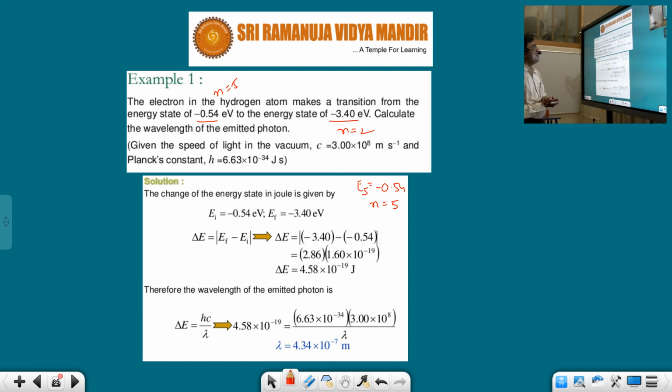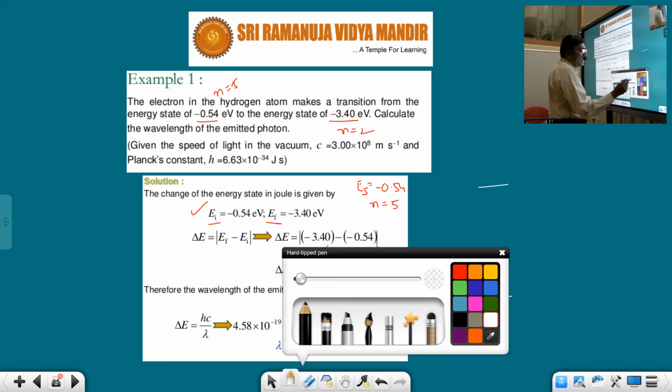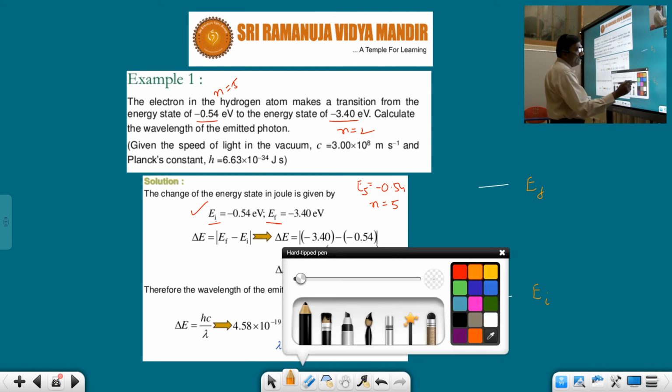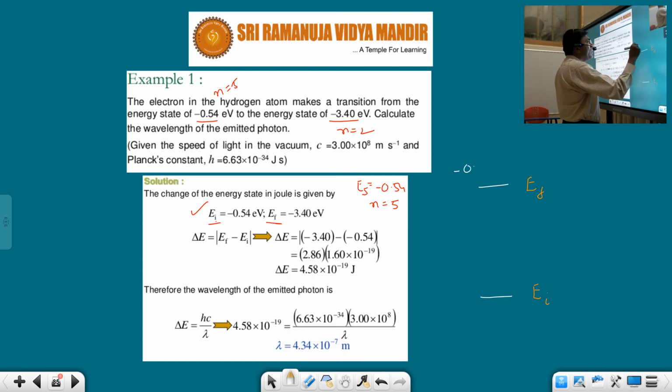Given the speed of light in vacuum, c is equal to 3 into 10 power 8 meters per second, and Planck's constant. EI means initial, EF means final. Here the electron is going from E final to E initial. The energy here is minus 0.54 electron volts, and minus 3.4 electron volts here.